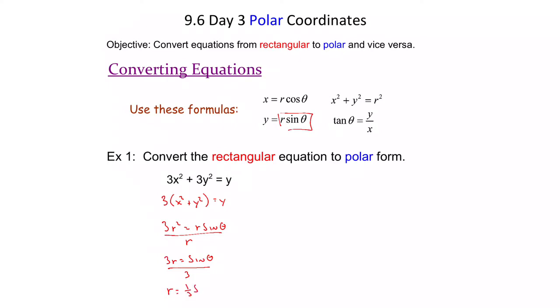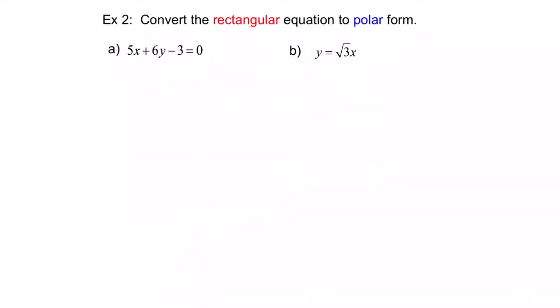So we get r equals 1/3 sine of theta. So there's an example of taking a rectangular equation and converting it to polar form, once again looking to solve for r, or theta if there is no r value.